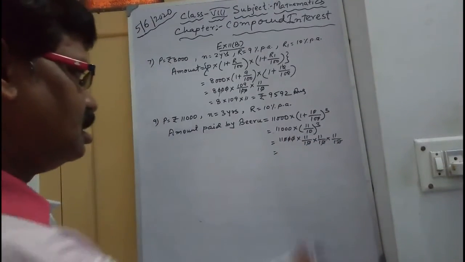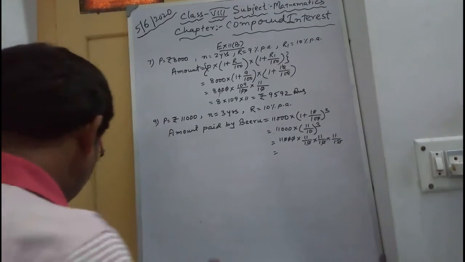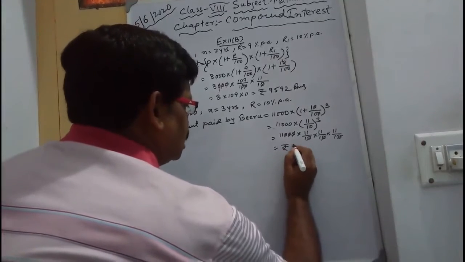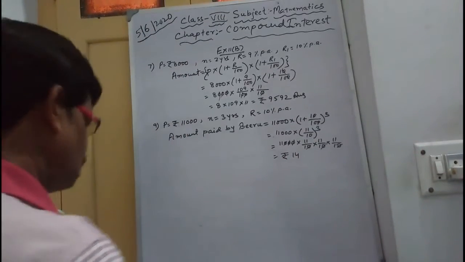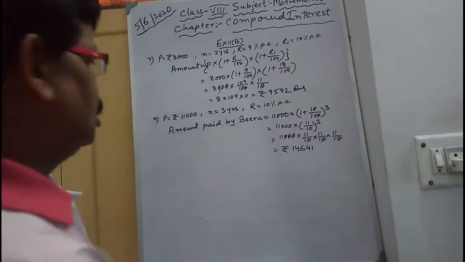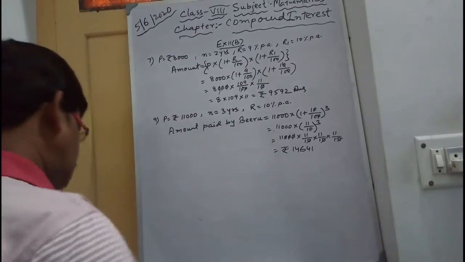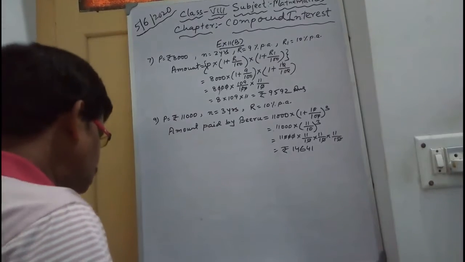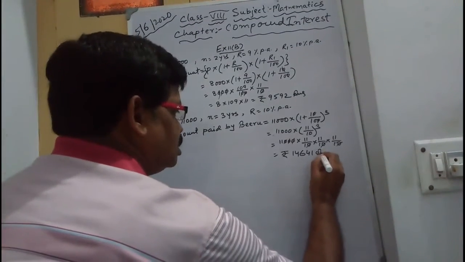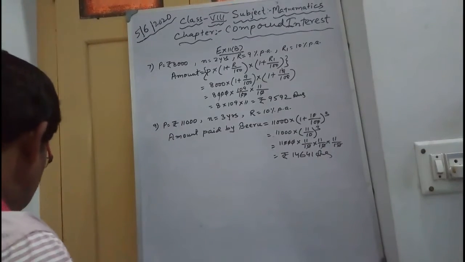So 11 into 11 into 11 into 11, that is rupees 14,641. So this amount is paid by Biru to whom? To Sujit. So this one is the answer of this question.